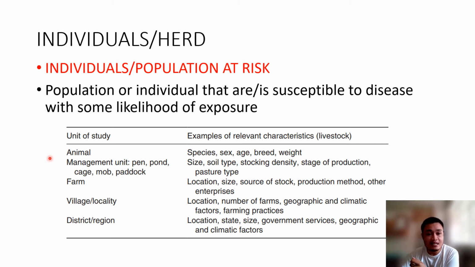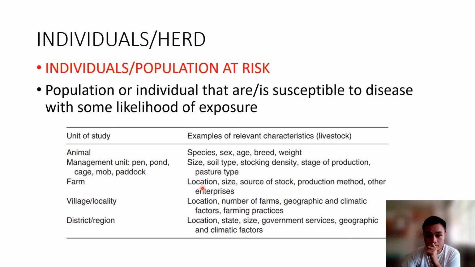So it may be that it is an animal level characteristic such as the species, the sex, the age, the breed, weight, etc. It could be a management unit or the unit of management level. So in the pen, the pond, the cage, the mob, the paddock.